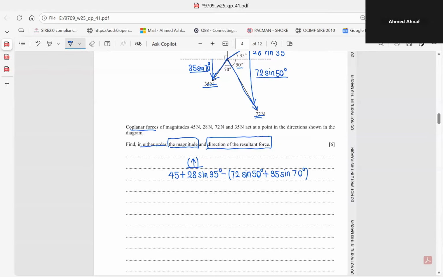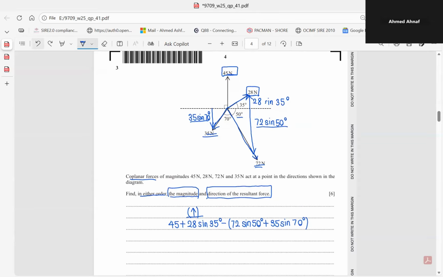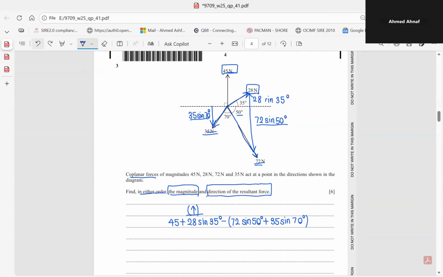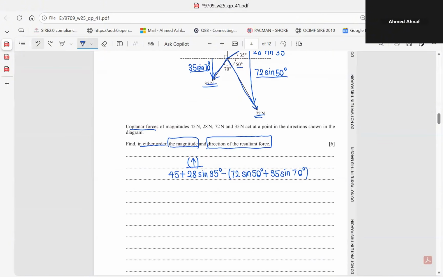That just means that our guess wasn't correct. Instead of the resultant acting upwards, it's actually acting downwards. And I believe you would have guessed that if you computed the total upward and downward force. But it's okay, let's just keep it this way.